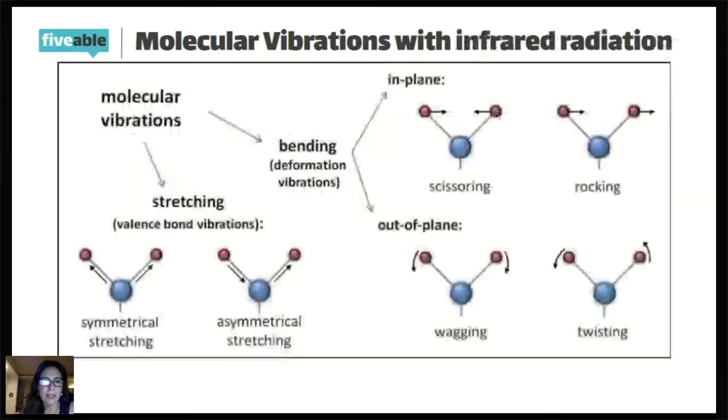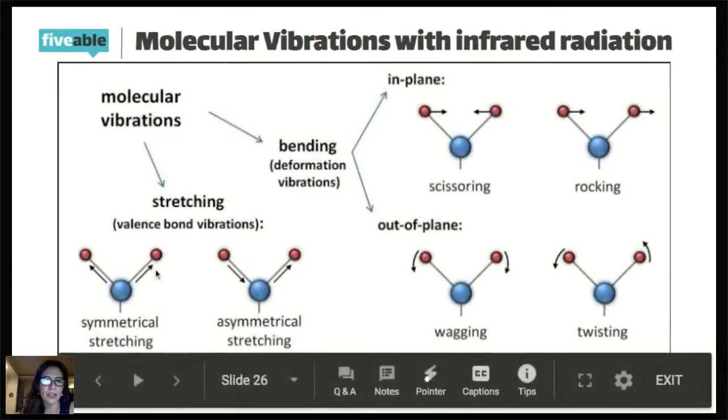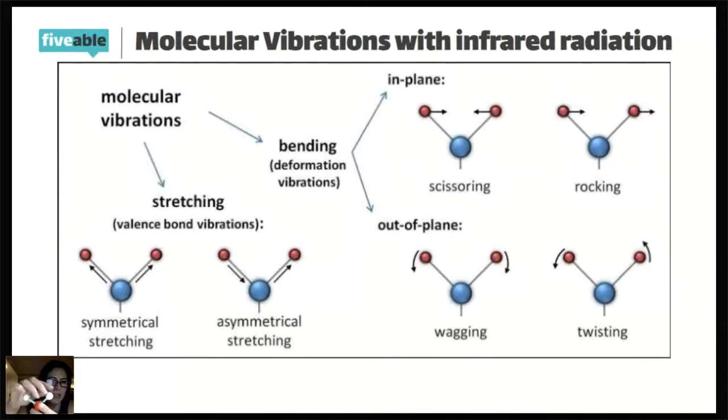I have here this diagram, which can help you understand how these vibrations occur. Imagine that the water molecule stretches the bond here, right? Stretches, or asymmetrical would be this one stretching and this one compressing.